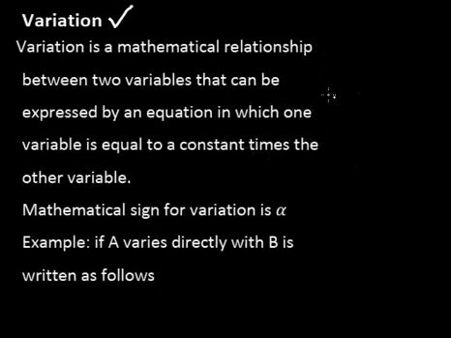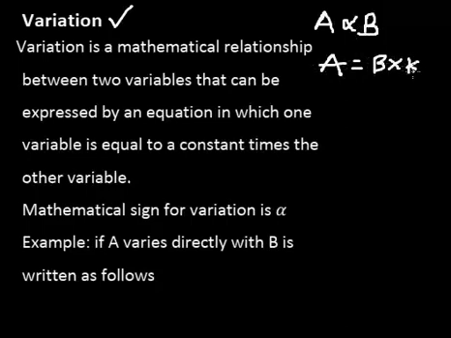For example, if I say that A varies with B, it is the same as saying A is equal to B times a constant k. That is the only way the condition of variation can be satisfied.